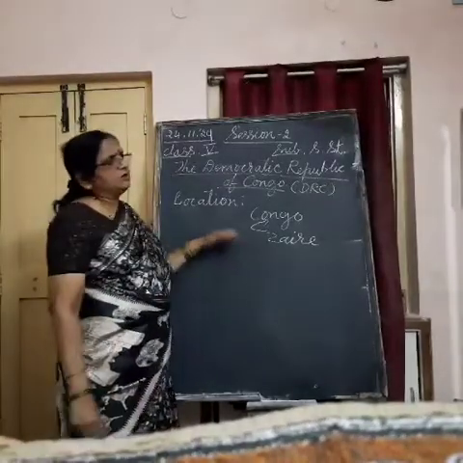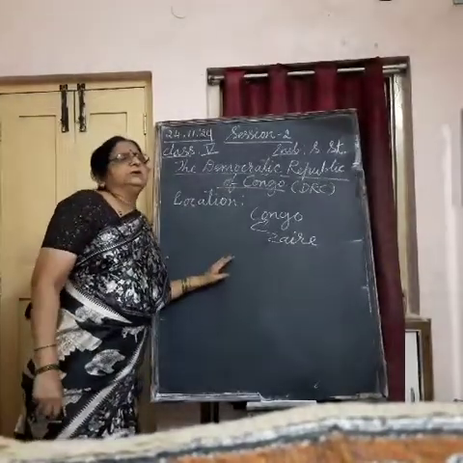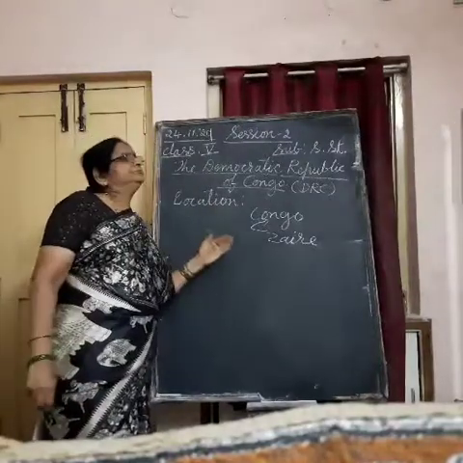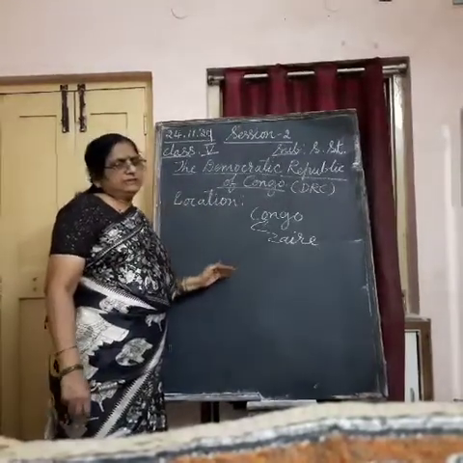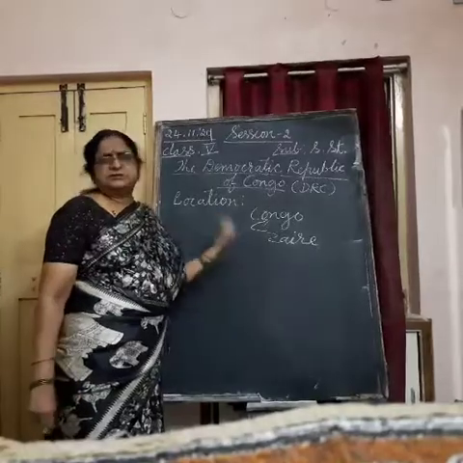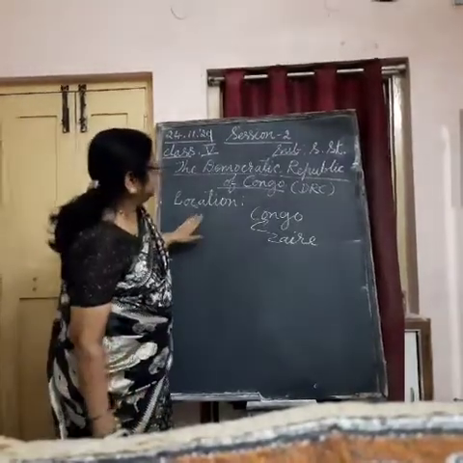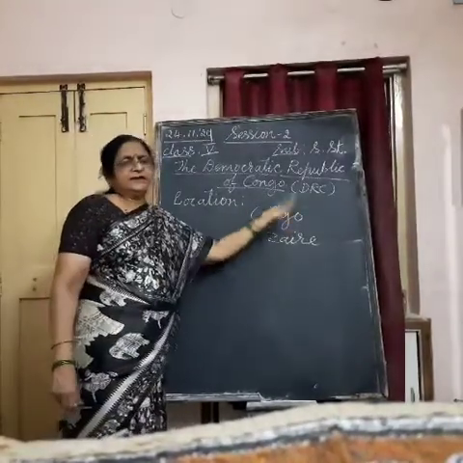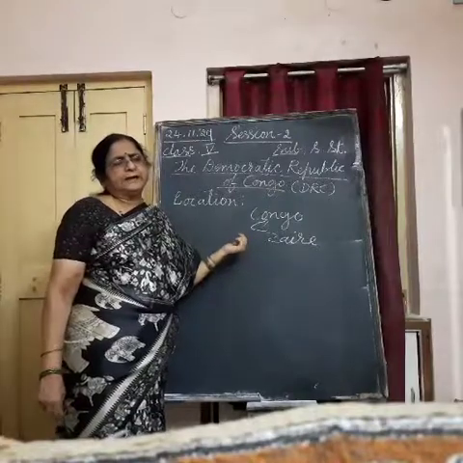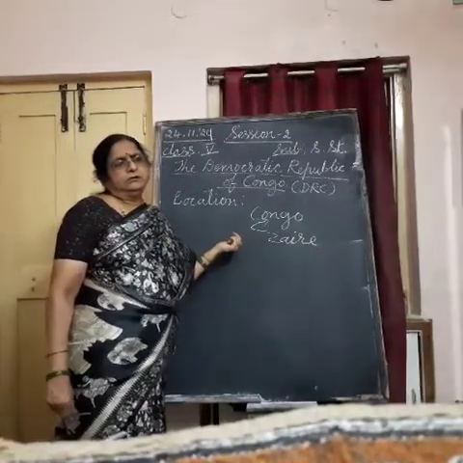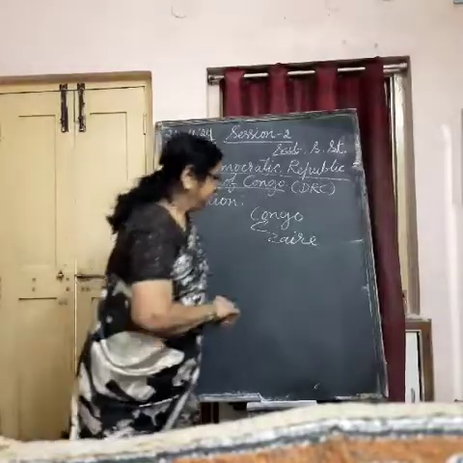And it provides water not only for irrigation, but for producing hydroelectricity, transportation, etc. Okay, and it has so many lakes on the way, Tanganyika, so many such English names.